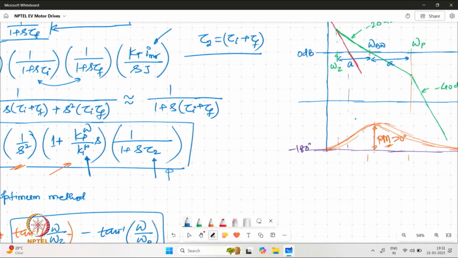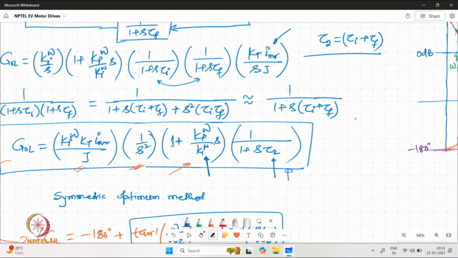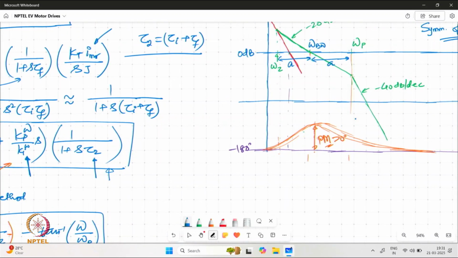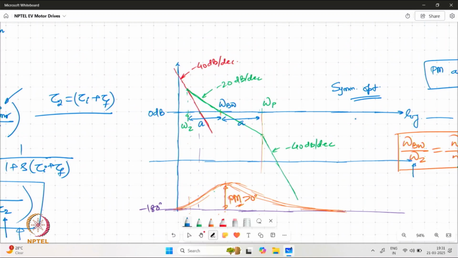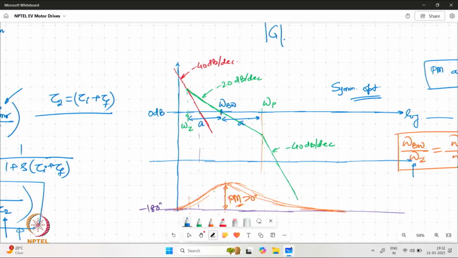Eventually, to get the Kp and Ki values, we can impose the third condition, which relates to ensuring that our gain crossover frequency is exactly at omega b, which means that the magnitude of the open loop transfer function at this frequency omega b is equal to 1.